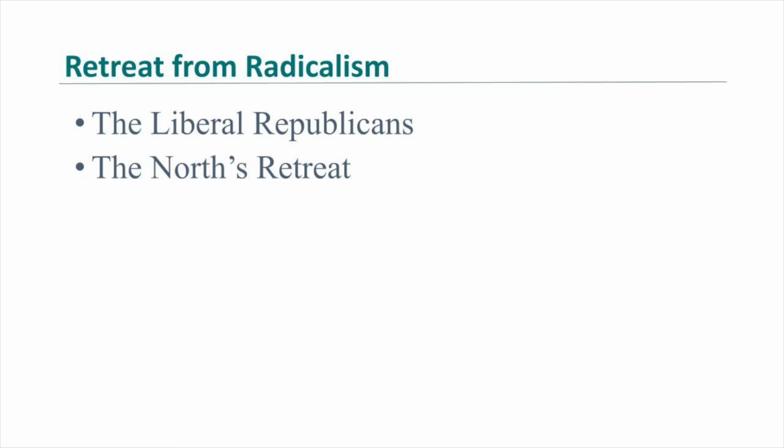In 1872, an influential group of Republicans, angered by corruption in the Grant administration and believing that federal power needed to be reduced, formed their own party, calling themselves the Liberal Republicans. They nominated Horace Greeley, editor of the New York Tribune, for president. They repeated Democratic criticisms of radical Reconstruction as encouraging corruption and preventing the rule of the best men.